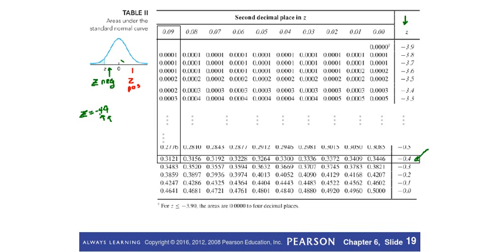So negative 0.40 is our row and 0.09 is our column, because when we add these two up, we get negative 0.49. We look to see where these numbers cross, and right at this point, we find 0.3121.